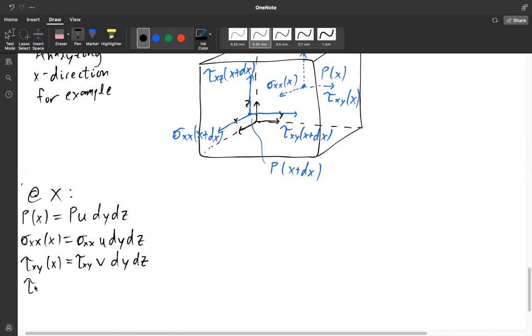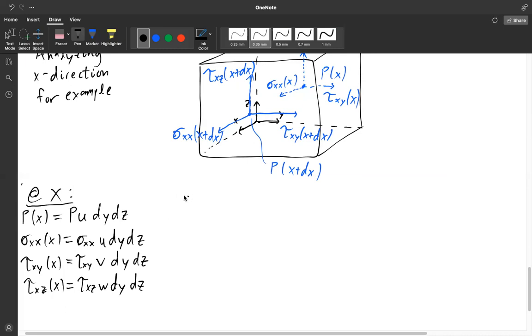Then we have tau xz at x, which equals tau xz times w dy dz. So that is at x.